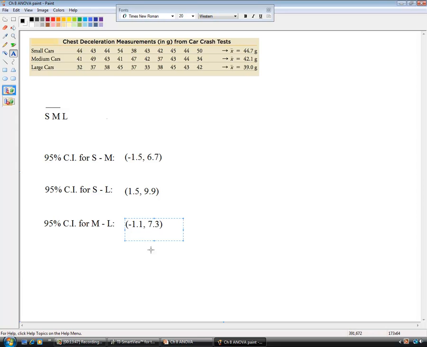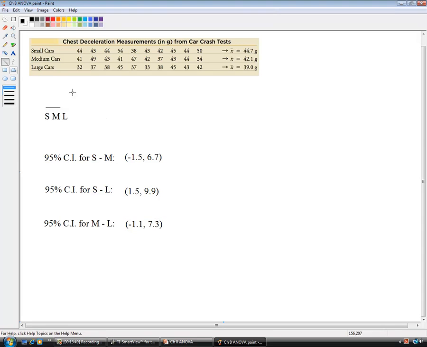So again, these are indicating no difference between the two. So I'm going to draw another line over medium and large, indicating that these two are statistically the same.